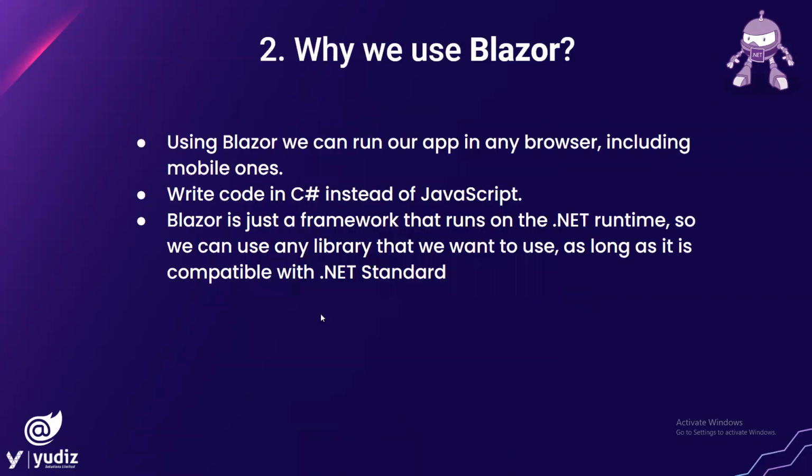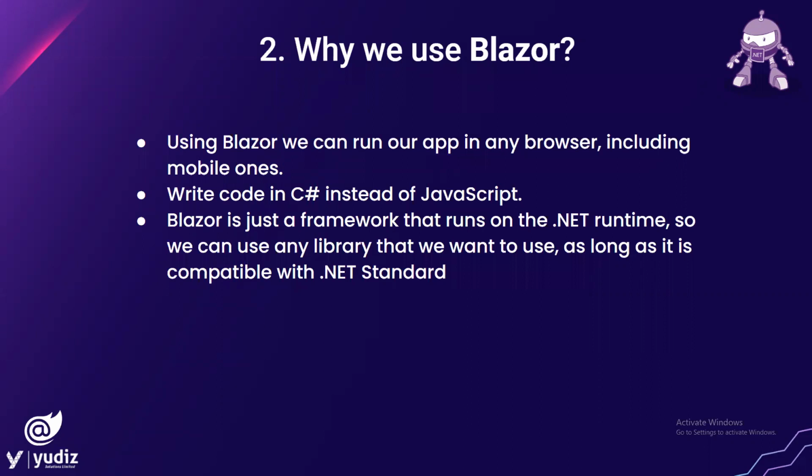Next is why we use Blazor. Using Blazor, we can run our application in any browser, including mobile, and write code in C# instead of JavaScript. So Blazor solves one of the big challenges that many web programmers are strong in C#, but they are not comfortable with front-end frameworks and specifically JavaScript.